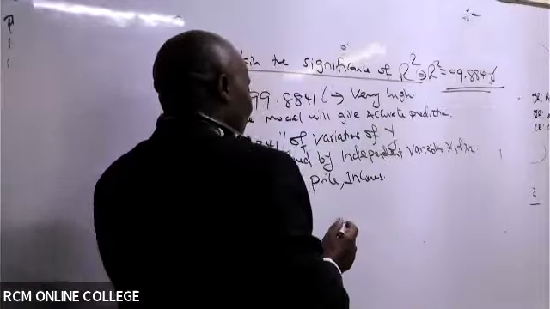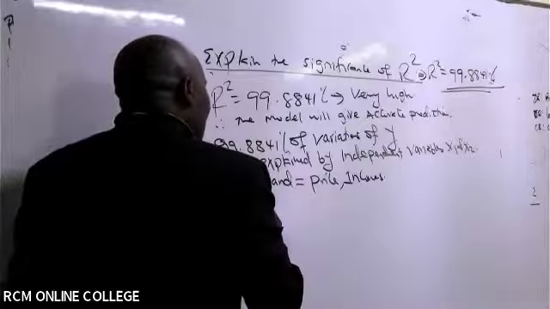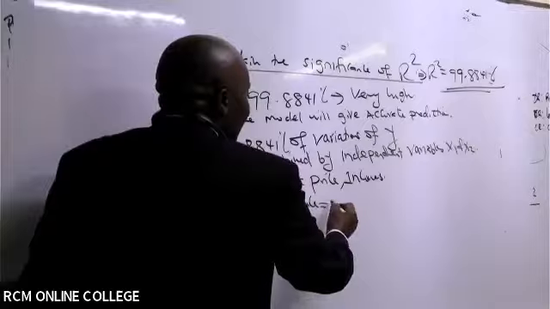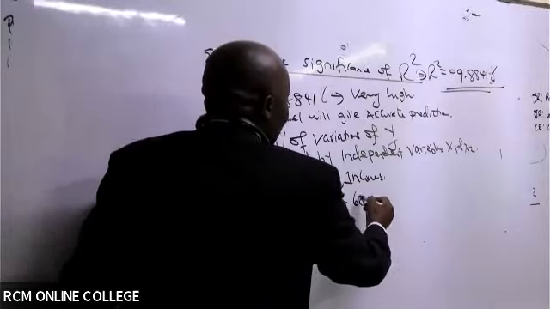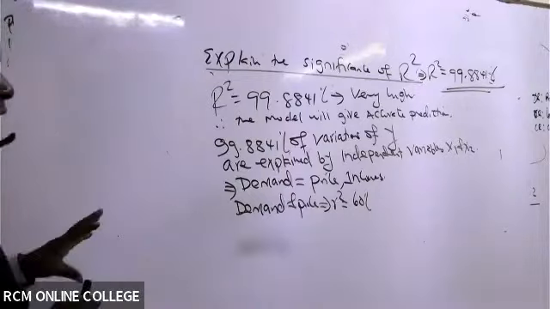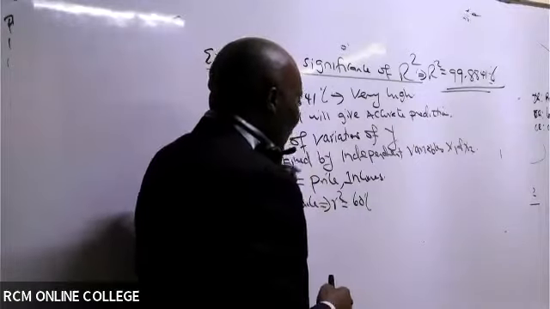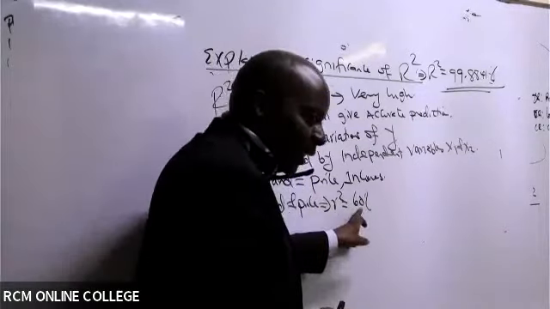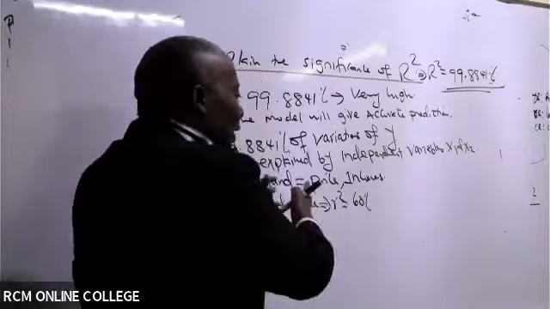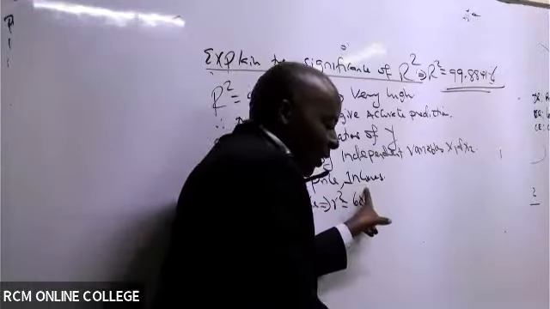Now listen, when you are doing your research, you can easily do research between demand and price, and get an R squared of say 60%. What does this mean, my good students? It means that price is only able to account for variations in demand up to 60%, meaning that there are other factors not within the model, like income.